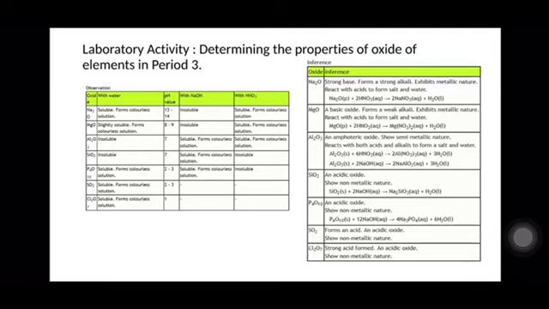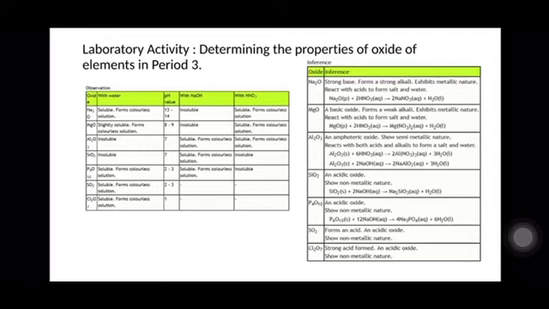Satu lagi cara dia, kita test dengan nitric acid. Tak apa, saya rasa benda ni nanti kita akan cover nanti. Alright. So inference dia, sebagai contoh untuk sodium oxide tu tadi, ini adalah very strong base sebab dia punya pH very high.